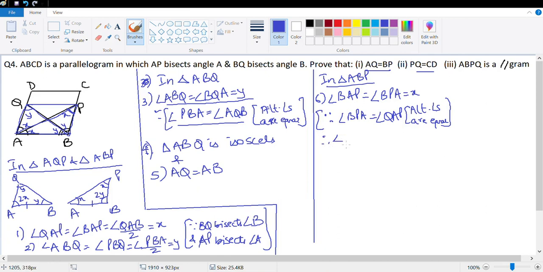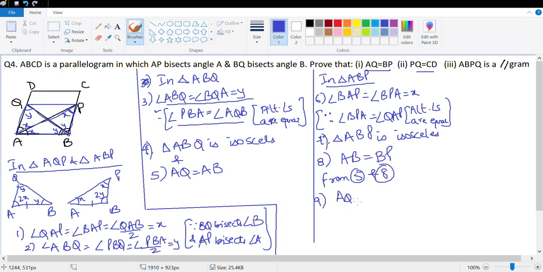Again, therefore triangle ABP is isosceles. That's number 7, which gives me AB is equal to BP. So from 5 and 8 we get number 9, which is AQ is equal to BP. This is what they wanted us to prove. So this is part 1, hence proved.